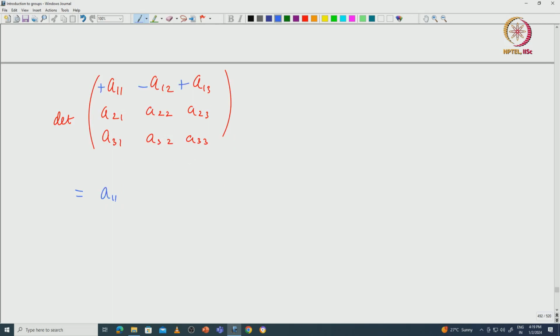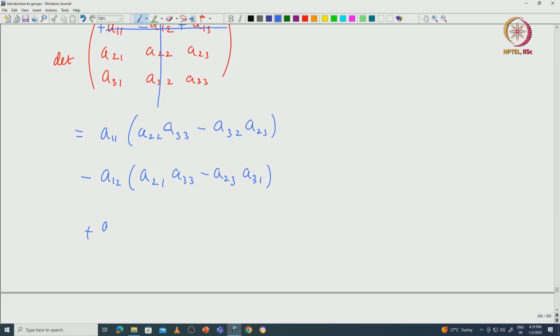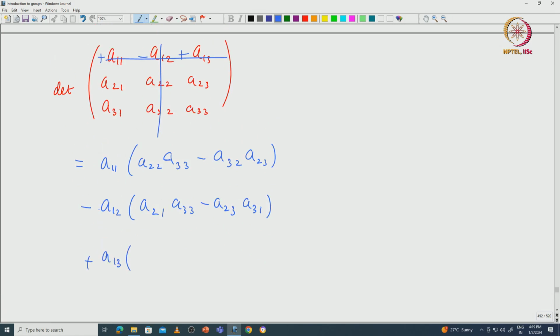So this is A11 times (A22 A33 minus A32 A23), then minus A12 times (A21 A33 minus A23 A31), then plus A13 times (A21 A32 minus A22 A31).